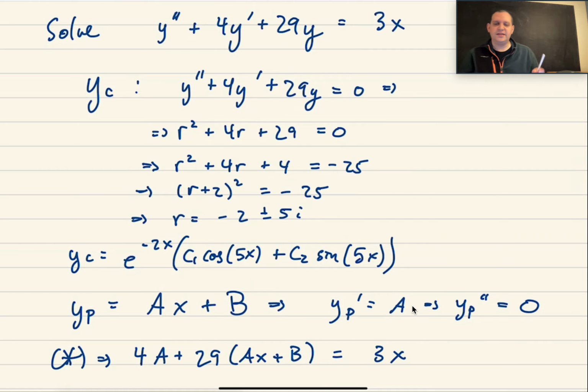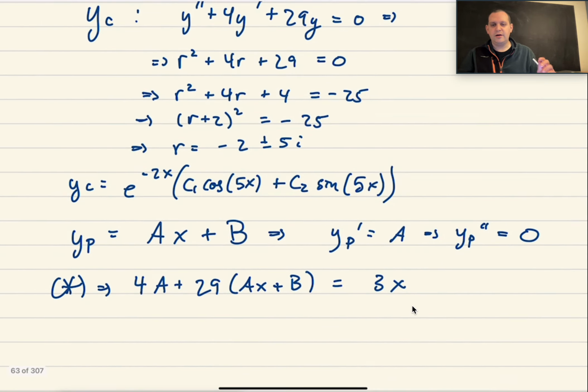Remember, when I say that these are equal, I want them to be equal as functions, meaning that I want to know what constants a and b make it so that no matter what x value you plug in, you always get the same thing on both sides of the equation. So we need to figure out the values of a and b that will make this work. There are two ways you can do this. I think the easiest way is to collect all the linear and constant terms on both sides and set them equal.